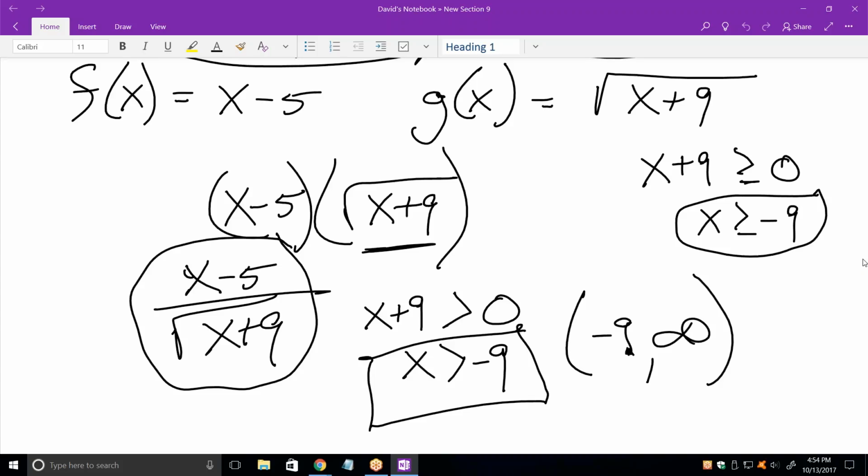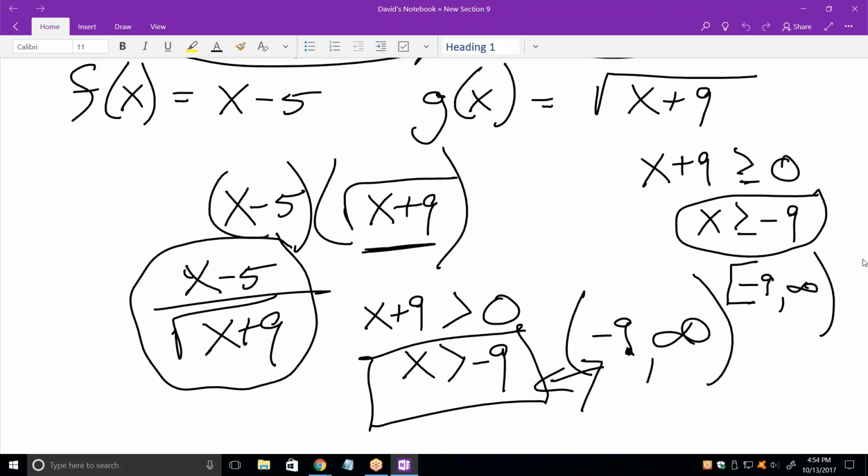Well, since x has to be greater than minus 9, there's no number to the left of minus 9 that it can be. And this is the way I would write the interval notation for that one. This one up here, the domain of g itself, I'm going to write differently. I'm going to write it with a bracket, minus 9, comma, infinity. And here illustrates the difference between a bracket and a parenthesis.